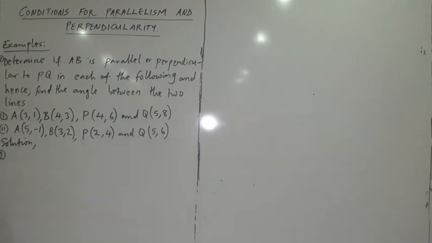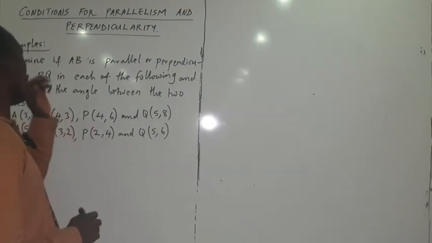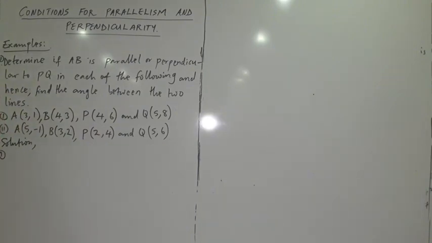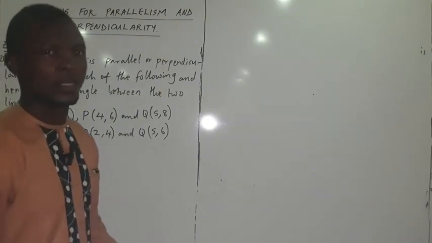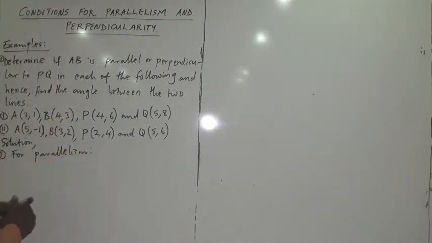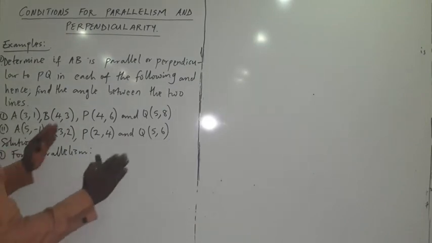Solution, figure 1. We are asked to determine if AB is parallel or perpendicular to PQ. So we are going to make use of the conditions for parallelism or perpendicularity. For parallelism, we are going to look for the gradient of the first line, which is AB, and the gradient of the second line, which is PQ. If they are the same, it means AB is parallel to PQ.